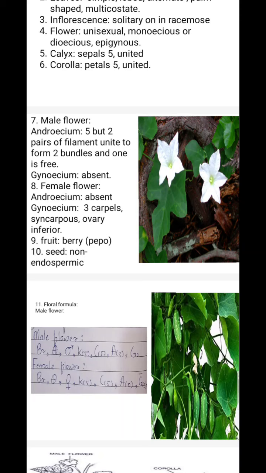In the female flower, androecium is absent and gynoecium has three carpels, syncarpous, ovary inferior. The fruit type is berry or pepo. Seeds are non-endospermic.